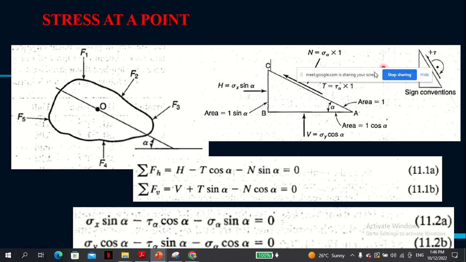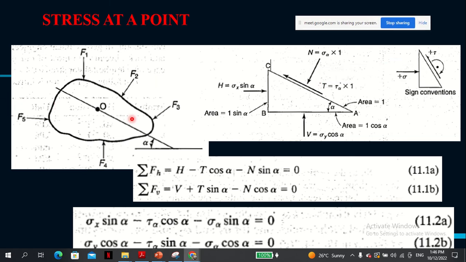That's the mass of soil, some random mass of soil. And there's some plane there. So you want to know what is happening in that plane. Some angle alpha. That angle alpha could be any angle from 0 to 90, if you so wish. And you load an element of soil, as shown in the illustration.